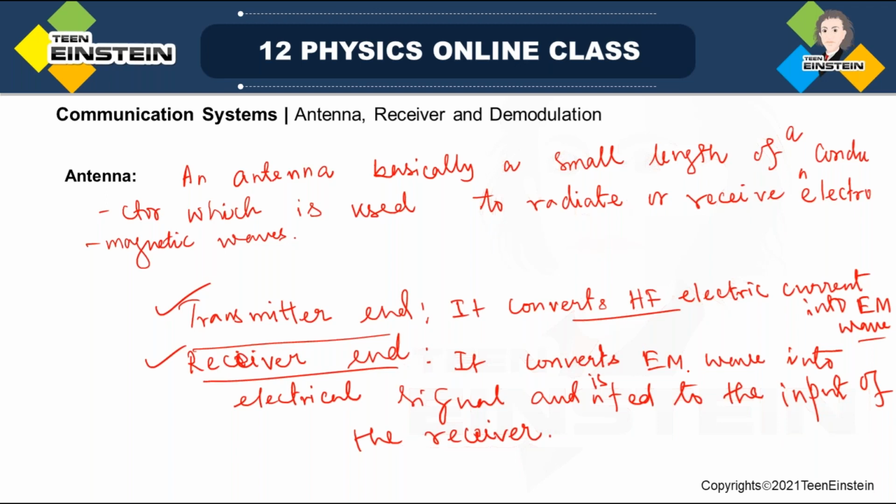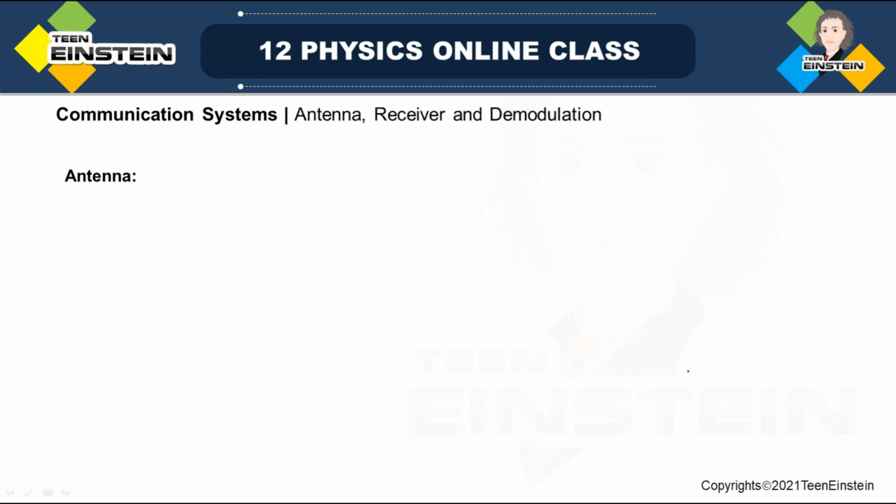Okay, now I'll erase this. So antenna actually consists of a conducting wire. There are different types of antenna being used in various communication systems. So generally we know two types of antenna.